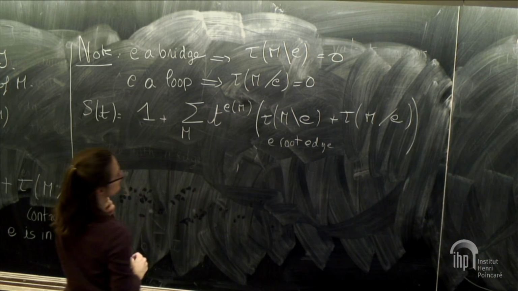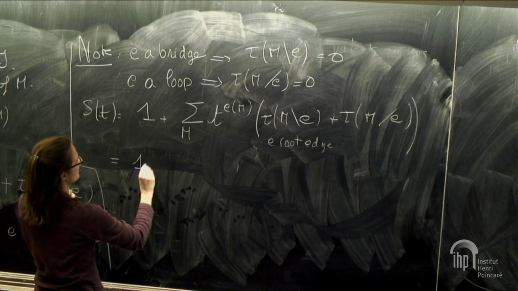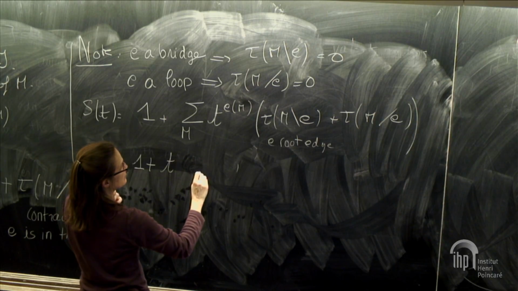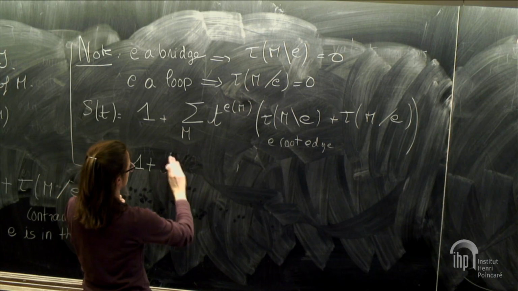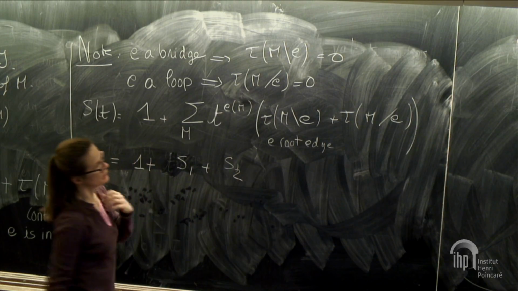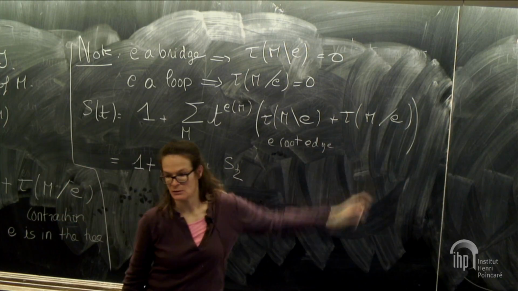So I will write this as 1 plus t times S1 plus S2, S1 being this sum, and S2 the other one.